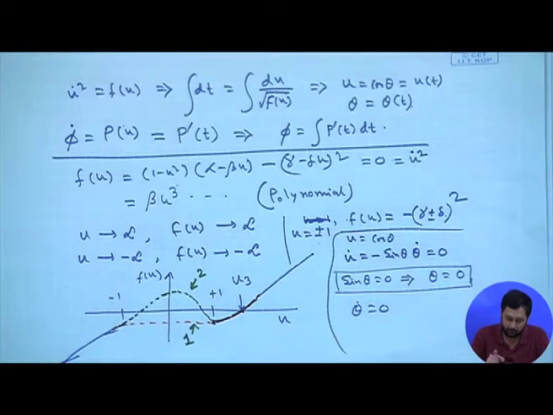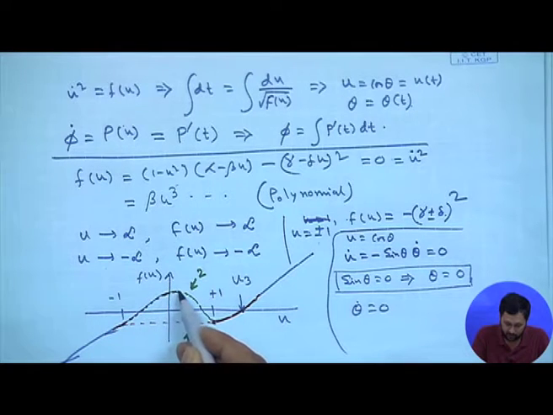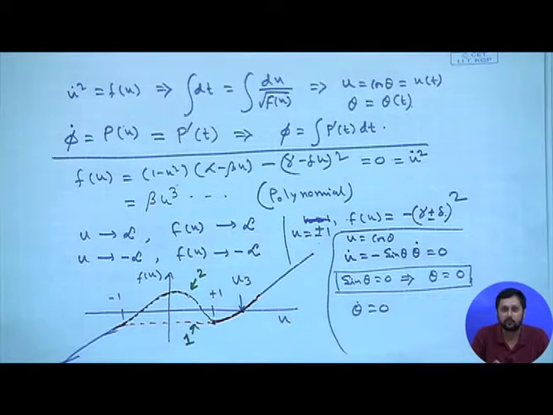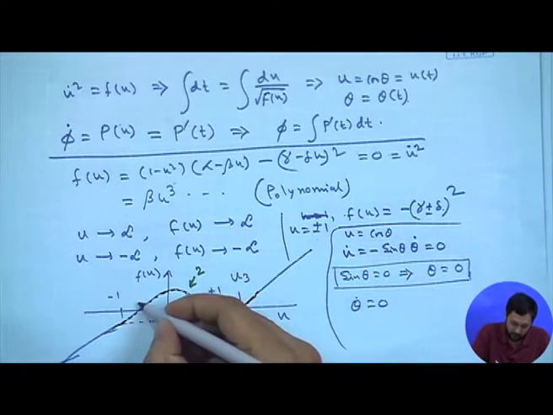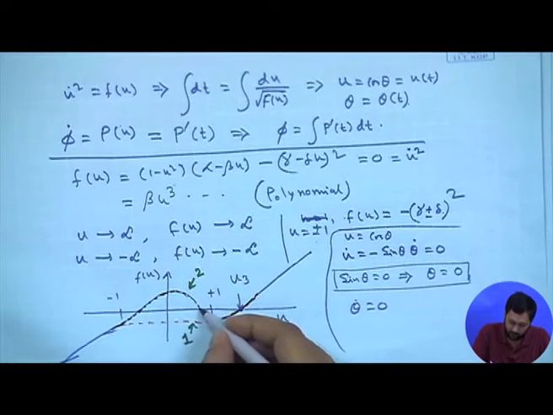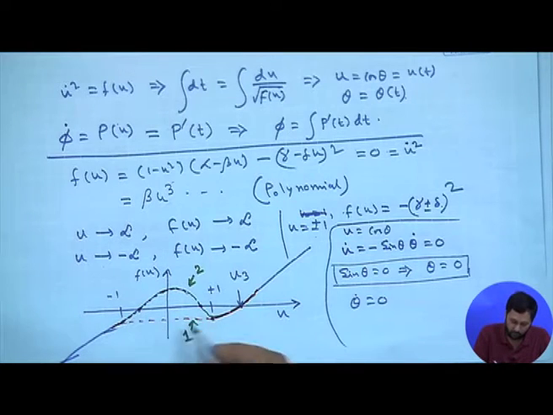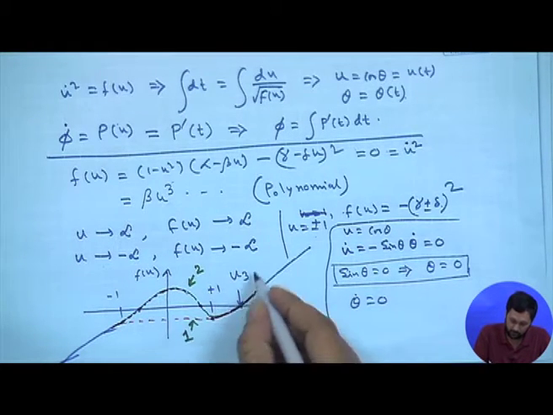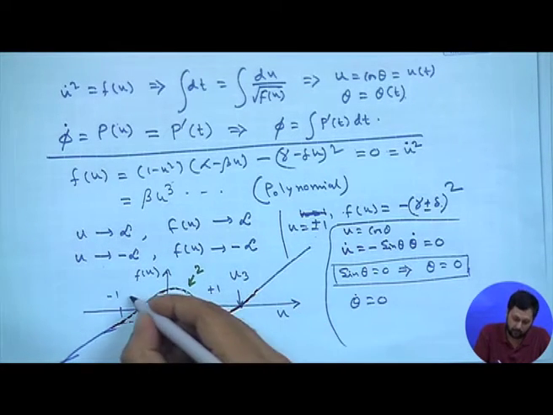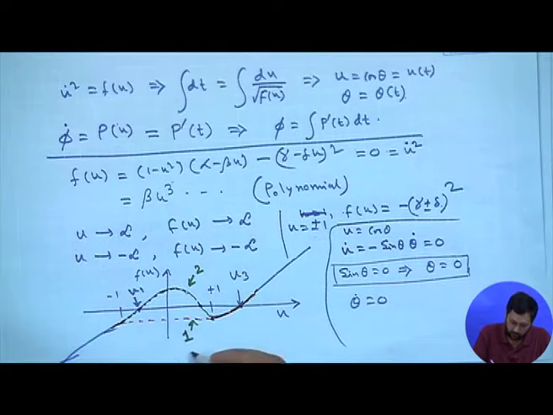So, from this physical argument, we see that the shape is actually this, not this, right. So, we have intersection points with the u axis, and these are called the roots. These are the roots of the system. The third one we already called u3. So, let us call this u1 and u2.